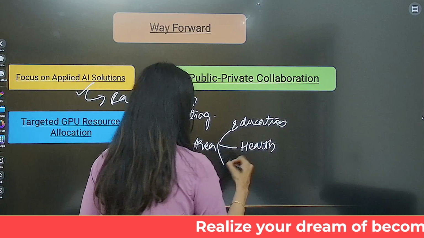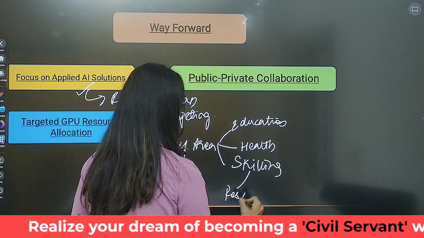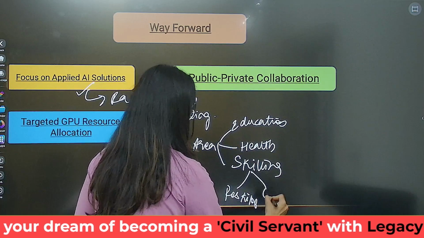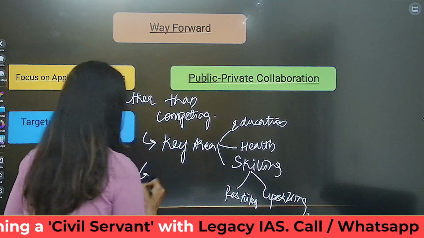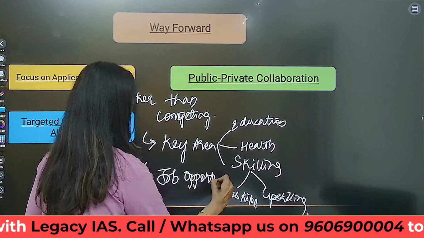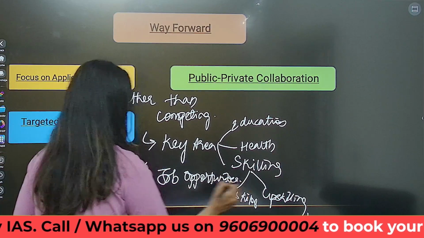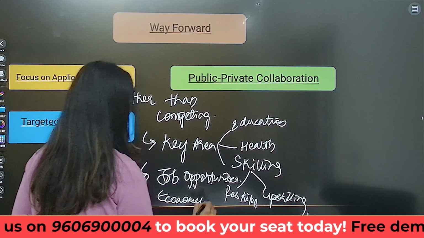Alongside, go for skilling, reskilling, upskilling, and create the job opportunities that are coming from AI. Base the economy on these models.